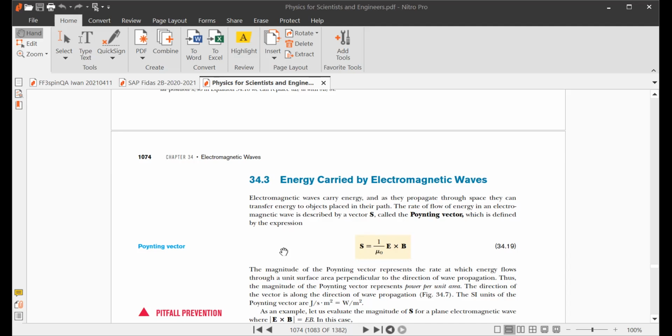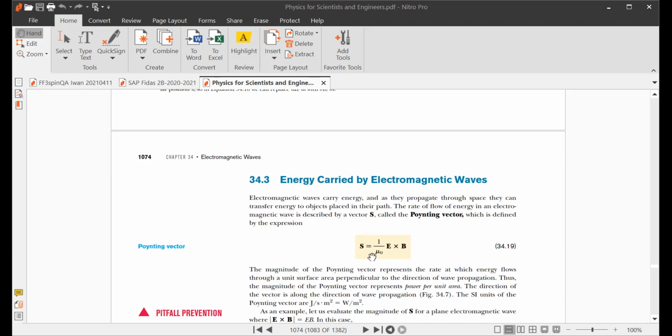This energy flow is described by the Poynting vector. Poynting is the name of a person. I don't know the complete name, but Poynting is the name of the person who proposed this vector quantity. We call it the Poynting vector. This Poynting vector describes the rate of flow of the energy of the electromagnetic field.